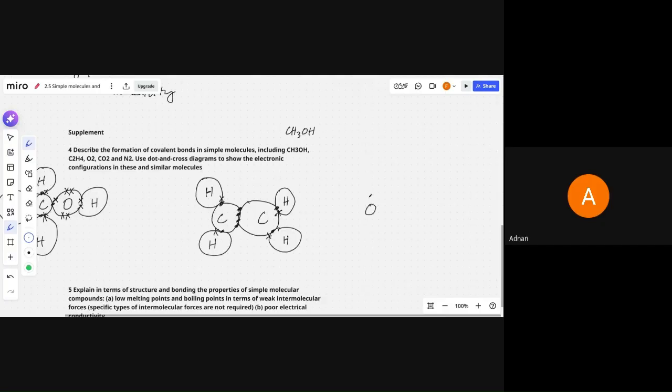So let us draw one oxygen atom, and another oxygen atom here. Now let us draw the electrons: 1, 2, 3, 4, 5 and 6. And now the other oxygen atom with 6 electrons.